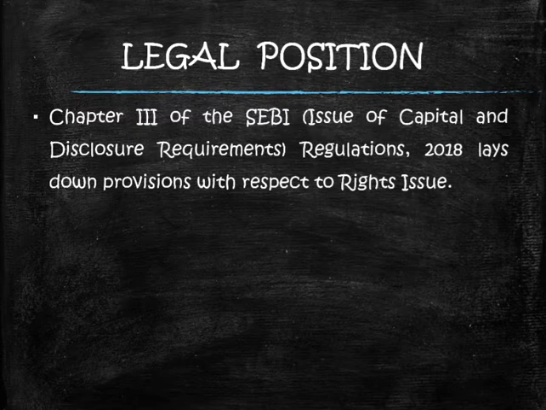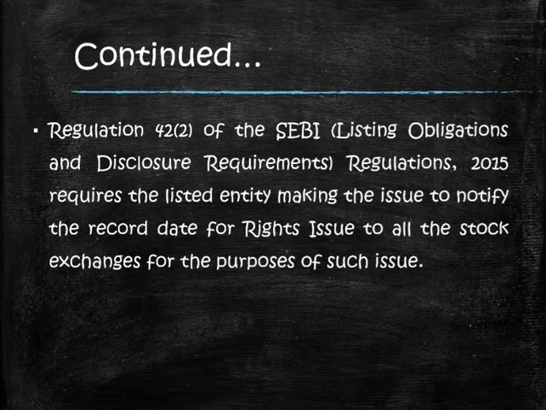And moving further to the next slide, Regulation 42.2 of the SEBI Listing Obligation and Disclosure Requirements Regulations 2015 requires the listed entity making the issue to notify the record date for such a rights issue to all the stock exchanges for the purposes of it.